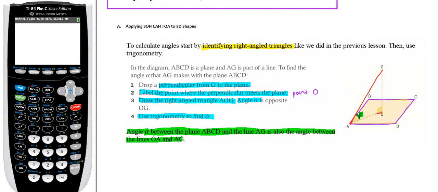So OA is a line that comes across the plane like this. So we can think of the angle either between the plane and AG or between AO and AG. Setting up these triangles is really important because if you don't set it up properly, when you try to apply your trig ratios, it won't work out the way you expect.